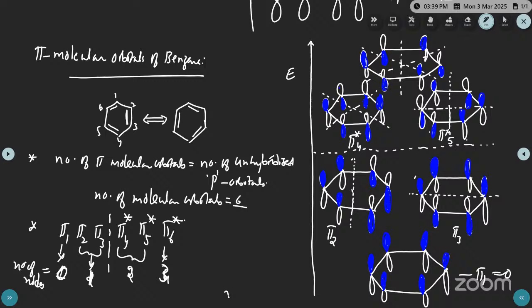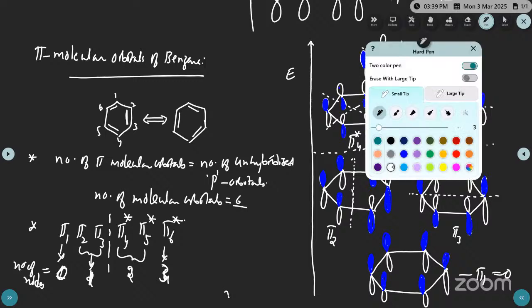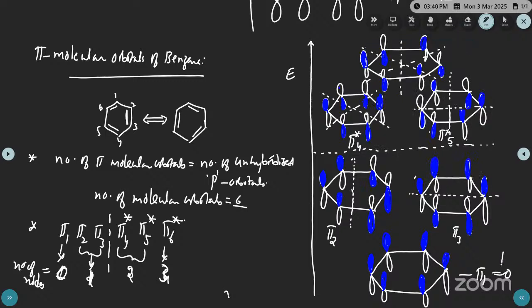So this is the molecular orbital diagram. Molecular orbital diagram. And see, how many are there in the benzene?